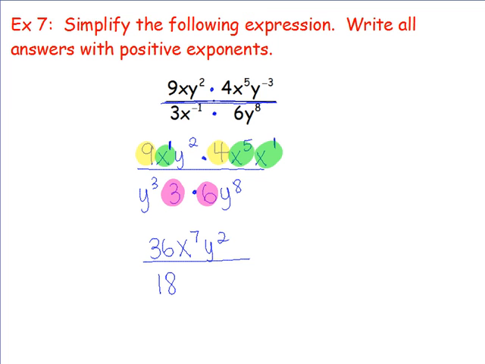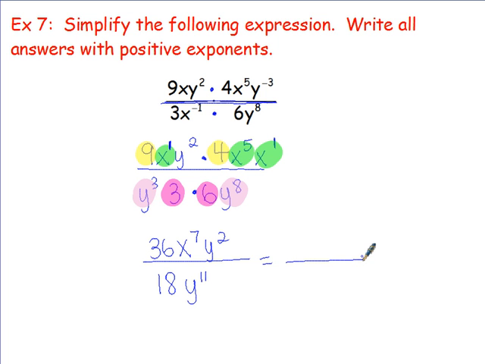We have a Y and a Y. They are side by side. So 3 plus 8 is 11 Y's on the bottom. So that kind of made life a little easier. We're not done, but it's much simpler now.